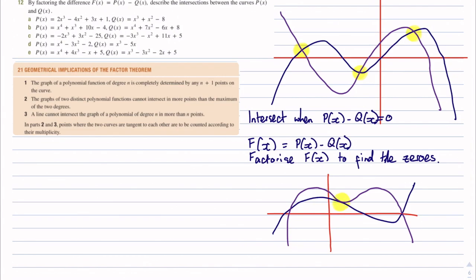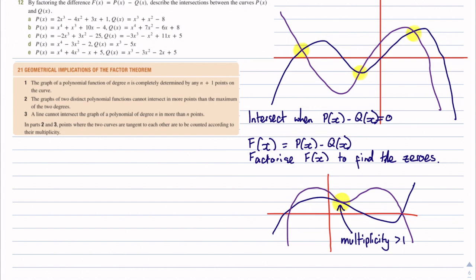This point, where it touches but doesn't actually cross through, has multiplicity greater than 1. So we might end up factorizing and end up with an x plus 1 squared or something. Well, you'll see this when we do it in real life.